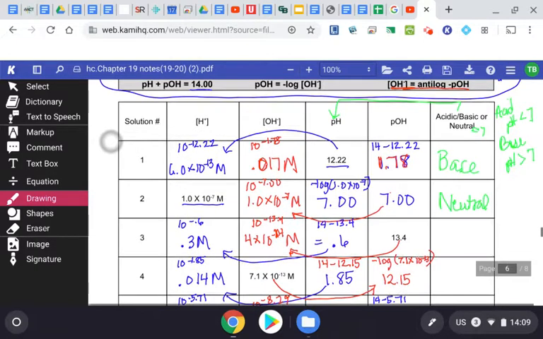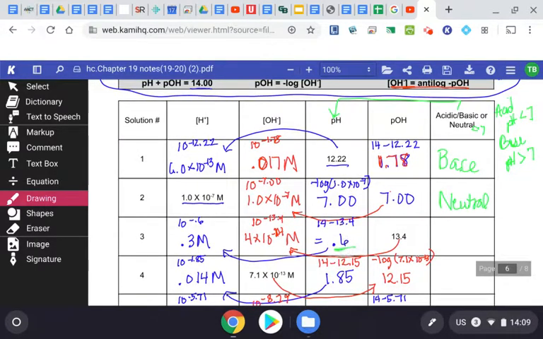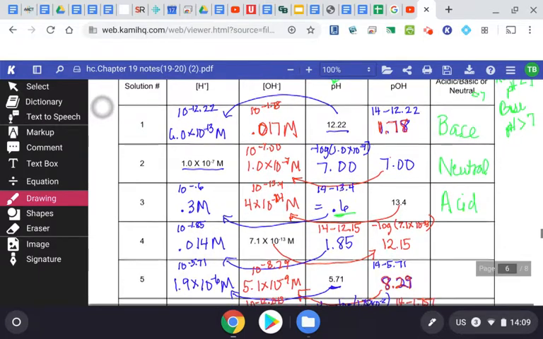Solution number 3, our pH is at 0.6. Well, 0.6 is less than 7, so that solution is an acid. Solution 4, our pH is 1.85. Less than 7 makes our solution an acid.